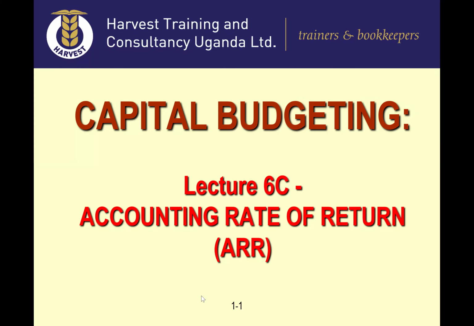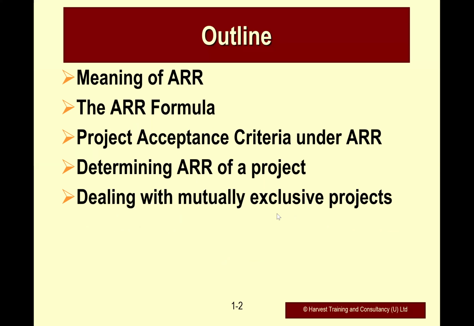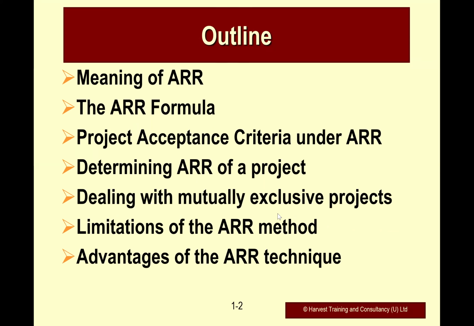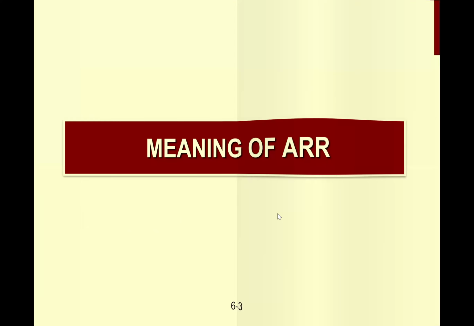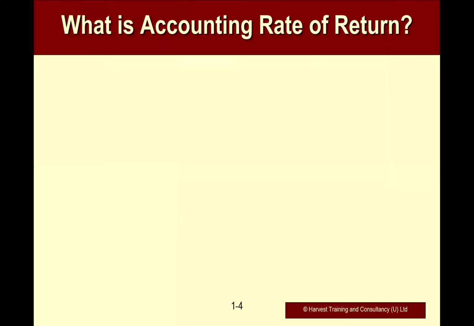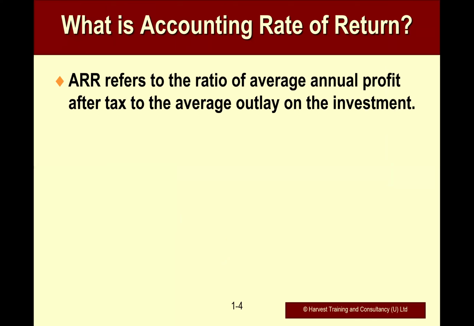So the accounting rate of return: we shall be defining it and also looking at the formula, advantages, and limitations. The accounting rate of return refers to the ratio of average annual profit after tax to the average outlay on the investment.